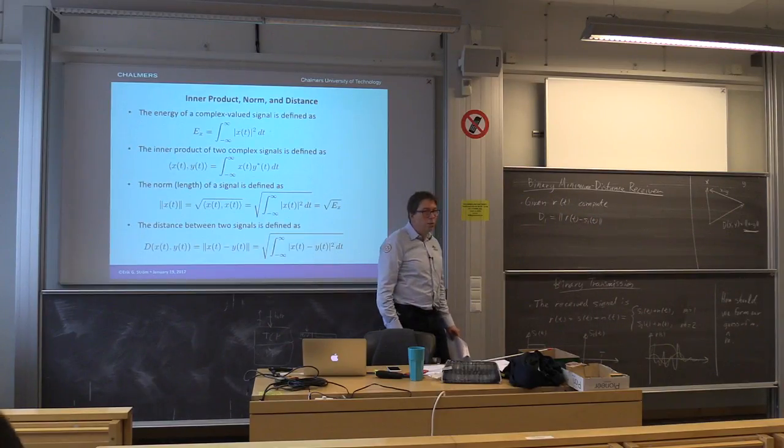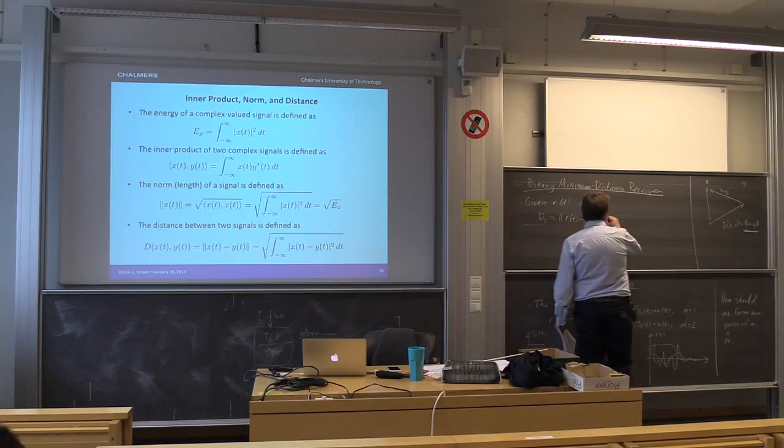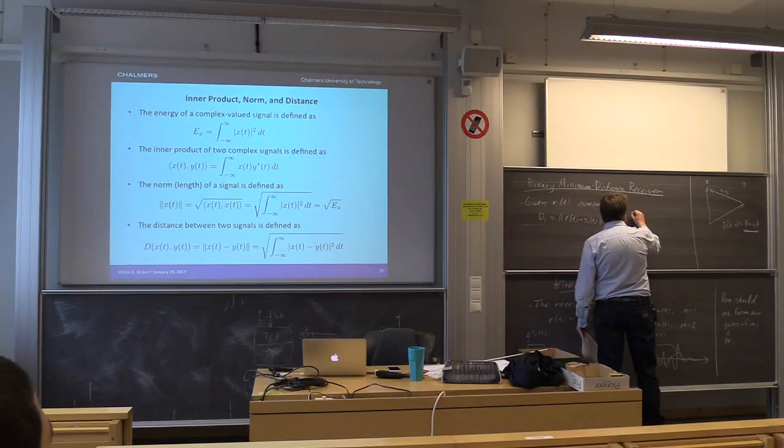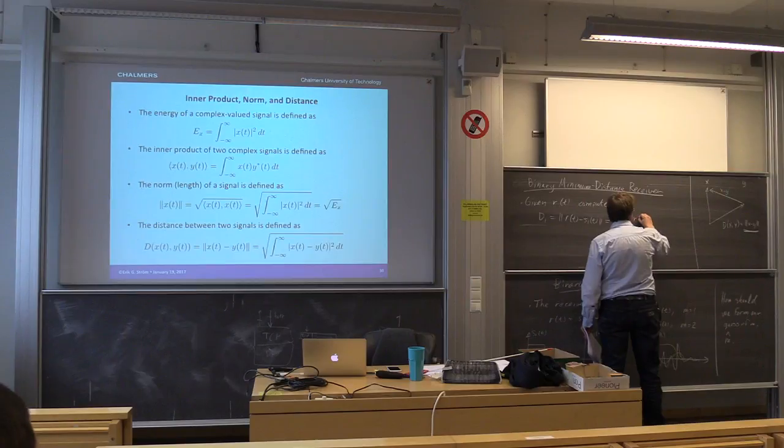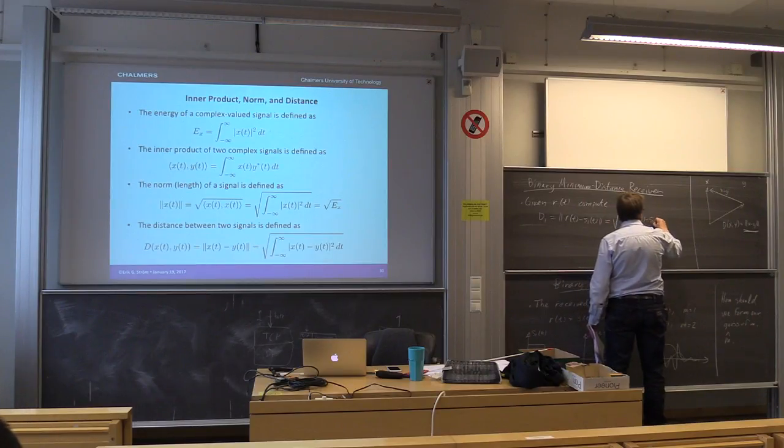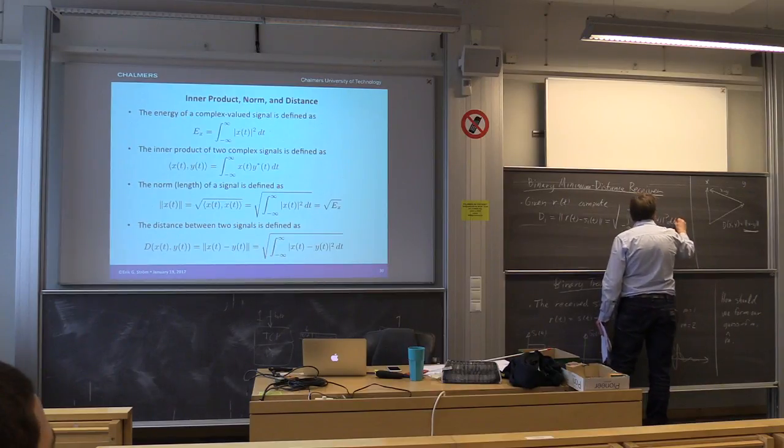Okay, so what is that? Well, it's the difference between R and S1, and take the norm of it. And this is the square root of the integral from minus infinity to infinity of the magnitude of R minus S1, squared, dt.